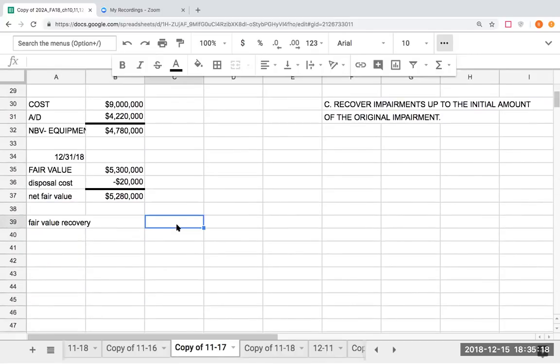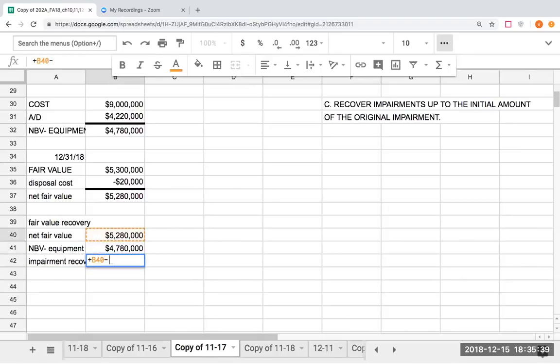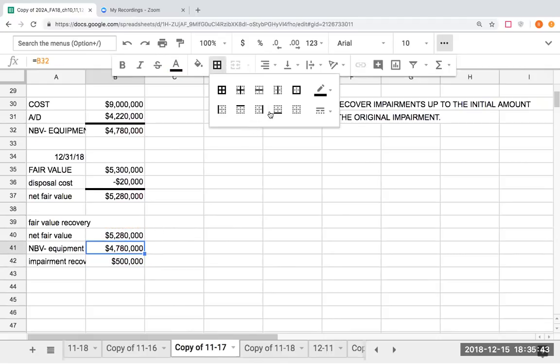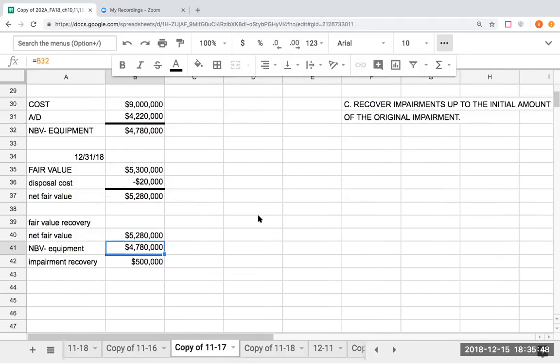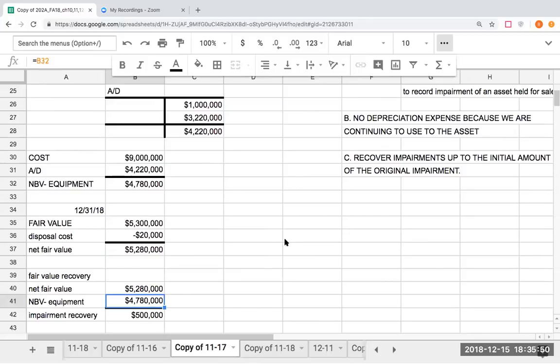So here my fair value recovery is going to be my net fair value minus the net book value of the equipment, or 4,780,000. So my impairment recovery is approximately $500,000. Because I'm not using the asset, rather I'm just holding it, I can recover it by this amount.